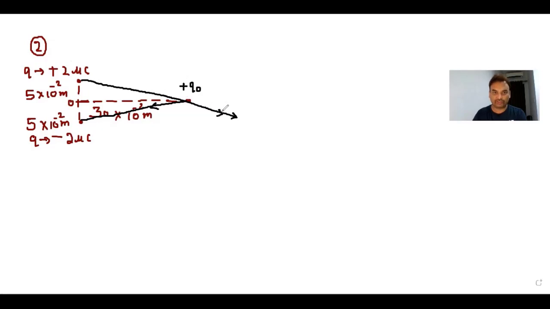So the force and the field, they will be along this direction due to this charge. But this positive charge will feel attractive force because of this negative charge. So now the direction of force and the direction of electric field, they will be along this direction, right?